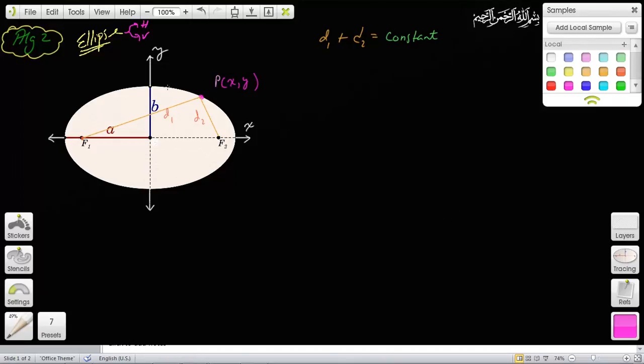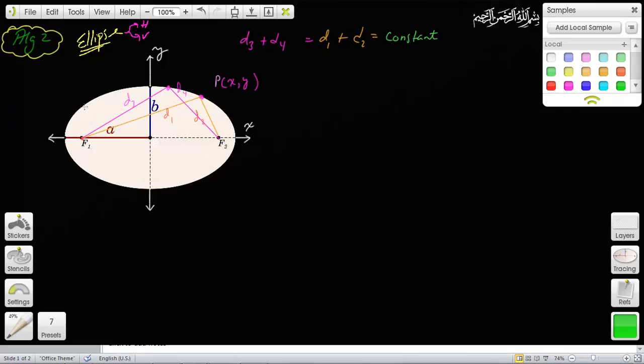If you have another point over here, let's call those distances D3 and D4. So D3 plus D4 is going to be a constant.